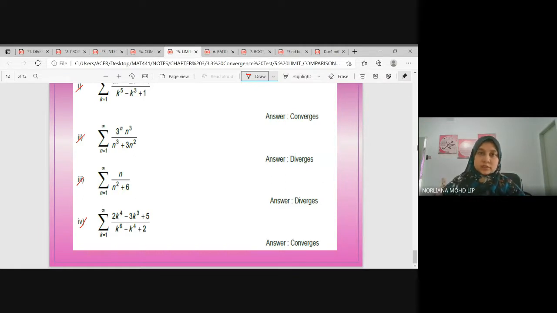Diverge, converge. Biasa ni kita akan, untuk yang ni kebiasaan kita gunakan L'Hopital rule. Ada juga awak kena applykan yang lain yang ada indeterminate form. Mungkin kena applykan Ln yang sebelum ni, yang dah belajar sebelum ni. Indeterminate form. Okay, ada soalan?